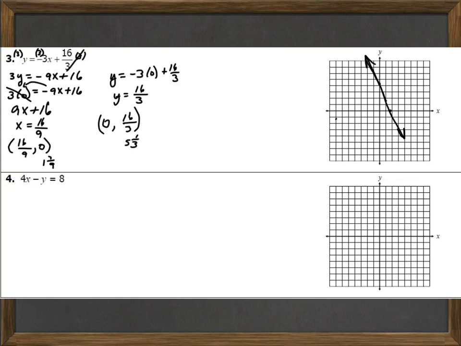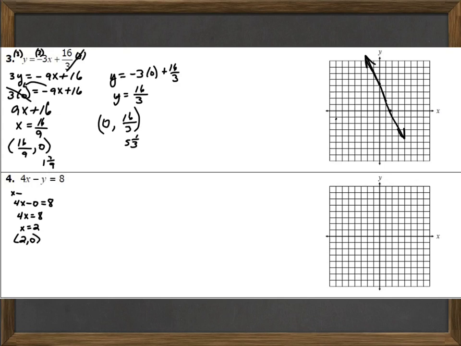Okay, so let's do x-intercept first. I make y equals 0, so I have 4x minus 0 equals 8. 4x equals 8, so x equals 2. And the point then would be 2, 0.